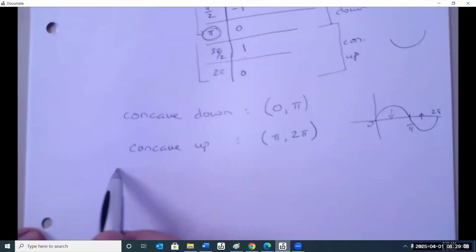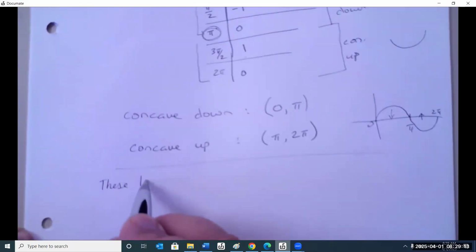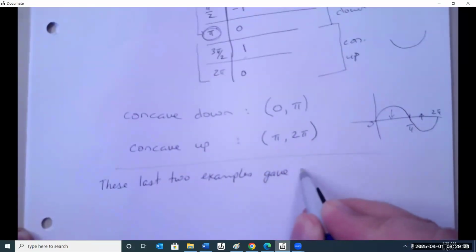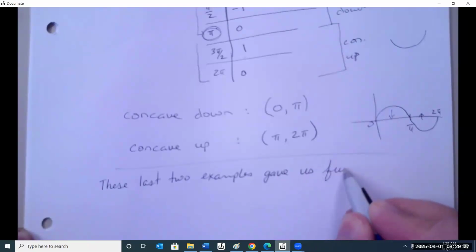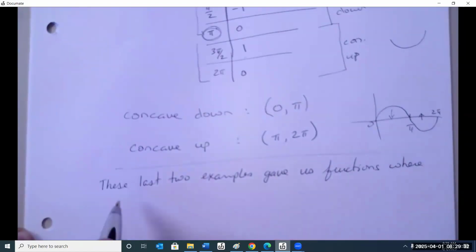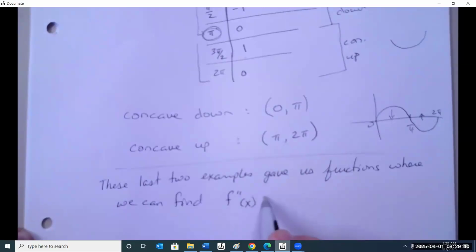So now look at these last two examples. Examples gave us functions where we can find the second derivative equal to 0.